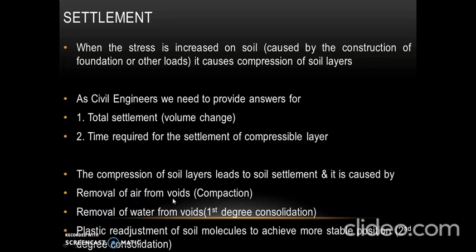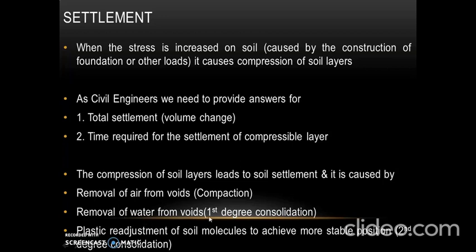The removal of air from the voids is referred to as compaction, and removal of water from the voids is referred to as consolidation. Consolidation is usually of two types. First one is referred to as first degree consolidation, and the later one is the second degree consolidation.